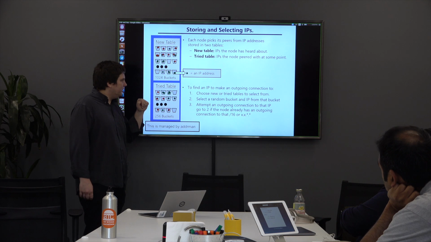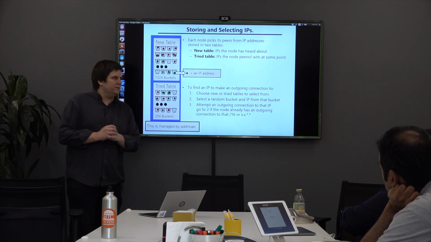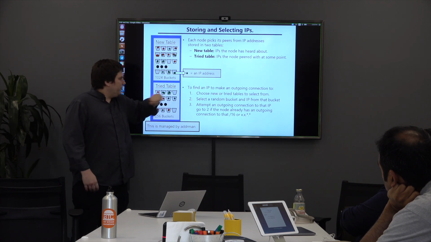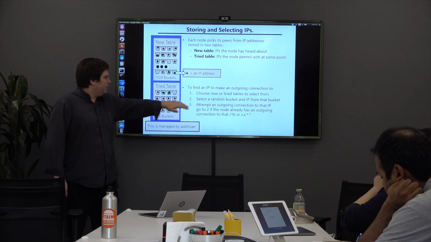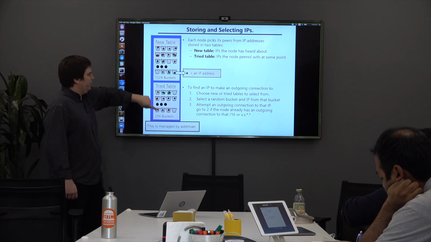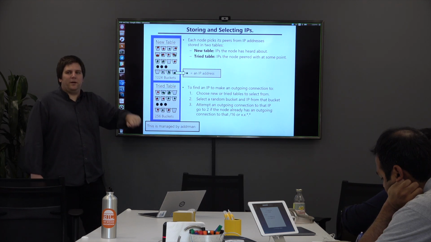So to find an IP to make an outgoing connection, remember you always want to have 8 outgoing connections, you choose from the new or tried table. You flip a coin: am I going new or tried? Then you select a random bucket and an IP from that bucket.